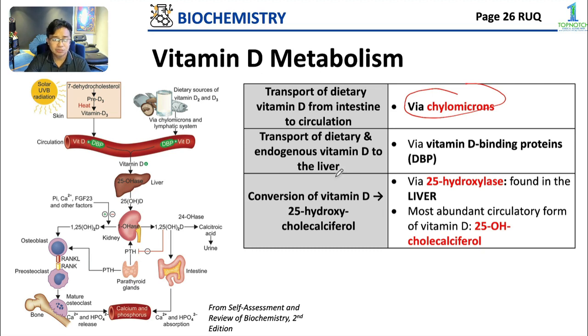At the liver, vitamin D becomes 25-hydroxycholecalciferol via 25-hydroxylase. And it is the most abundant circulatory form of vitamin D, the 25-hydroxycholecalciferol.